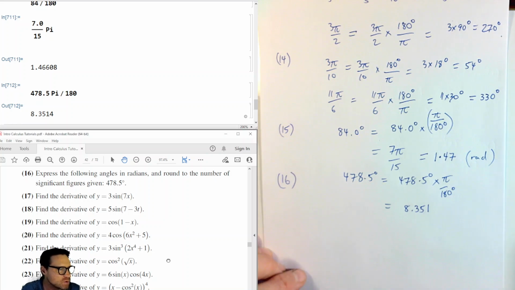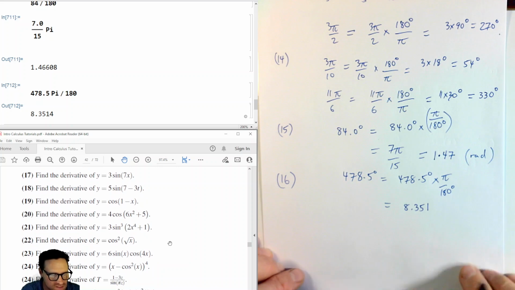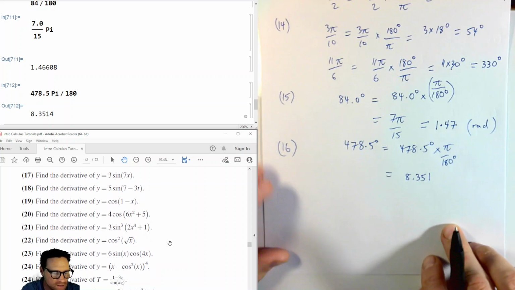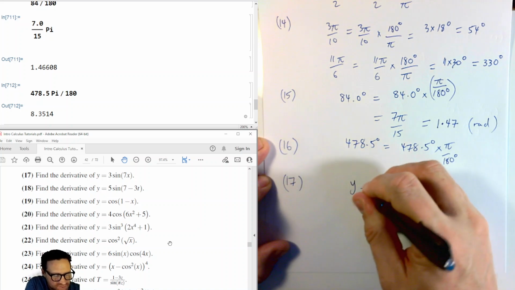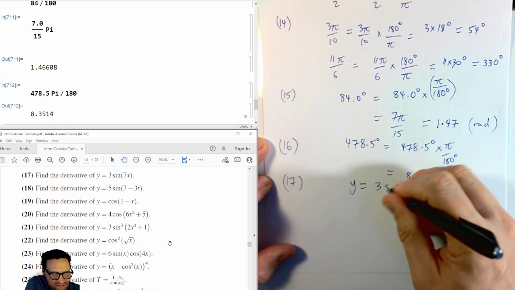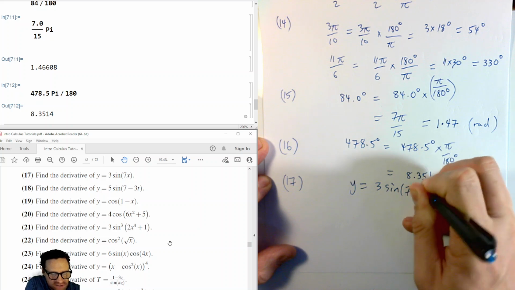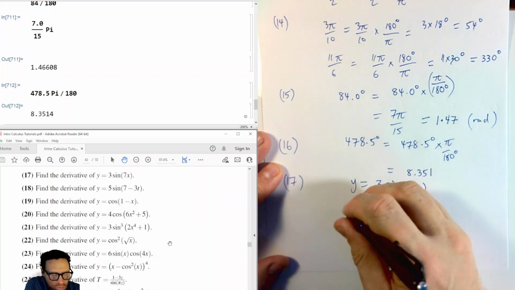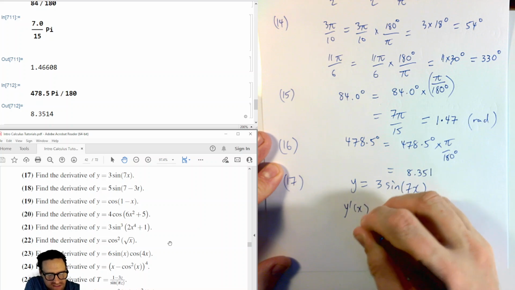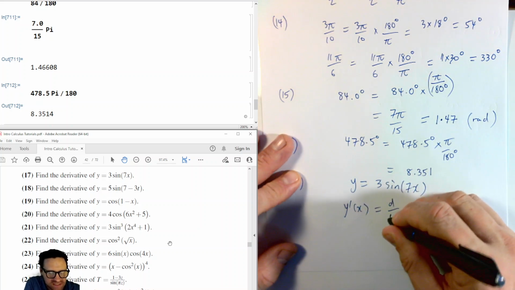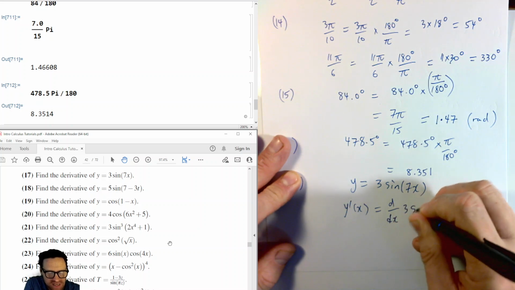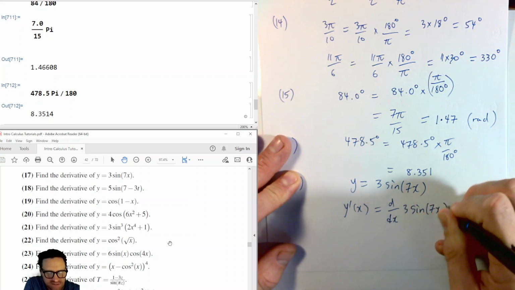Okay, let's move on to question 17, where we start some calculus. Find the derivative of the function y equals 3 sine of 7x. So y′(x) is dy/dx, or d/dx of 3 sine of 7x.